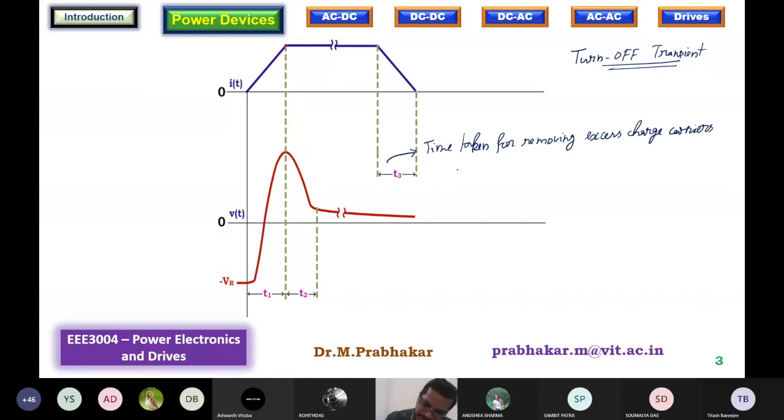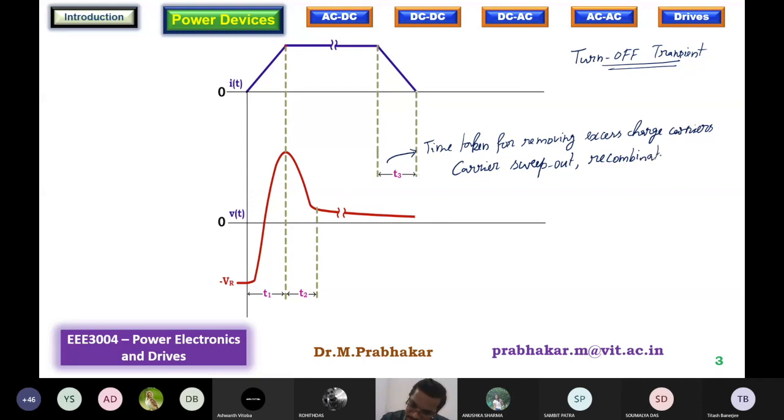One is carrier sweep out. Sweep out meaning you simply wipe out the carriers by applying a large reverse bias. This is one. The other method is recombination. In the process of sweeping out, there will be recombination of holes and electrons.